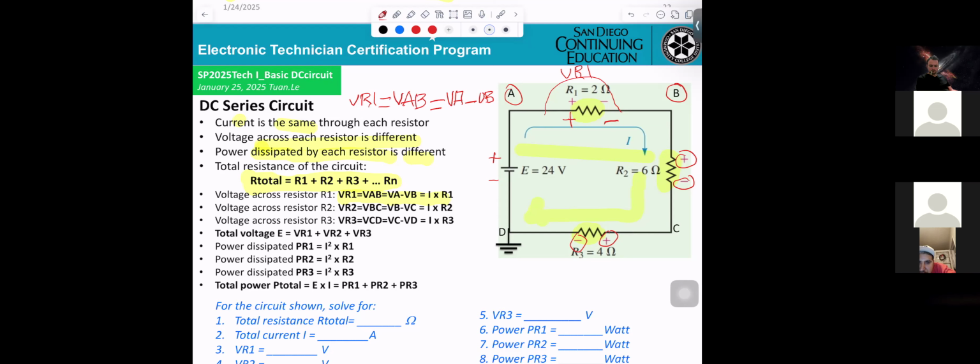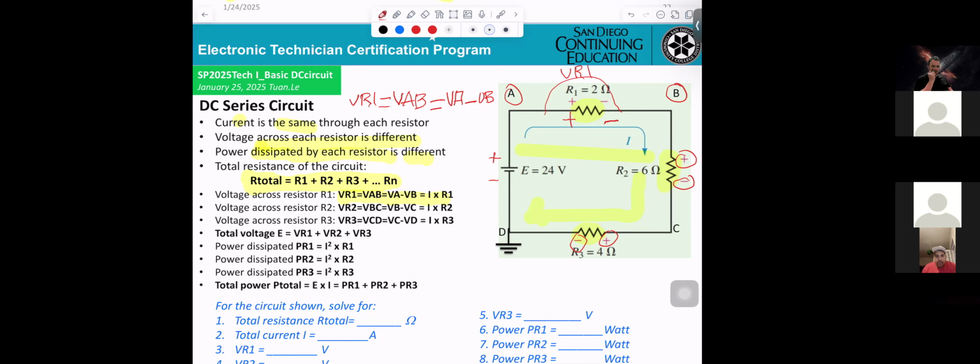That is a very, very basic definition. VR1 means the voltage from A to B, they say VAB, and that means VA minus VB. Same thing, VR2 from B to C means VBC, which is VB minus VC, and so on.